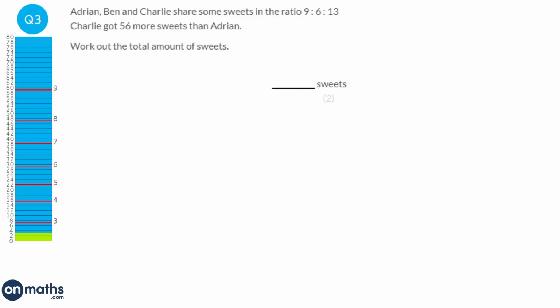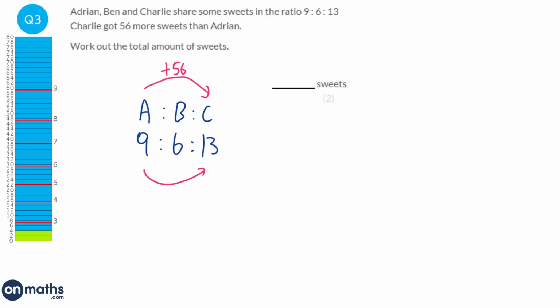So this question says that Adrian, Ben and Charlie have some sweets, and the ratio of Adrian to Ben to Charlie is 9 to 6 to 13. But it also says that Charlie got 56 more sweets than Adrian. Well, looking at the actual parts of the ratio, there are 4 more parts.